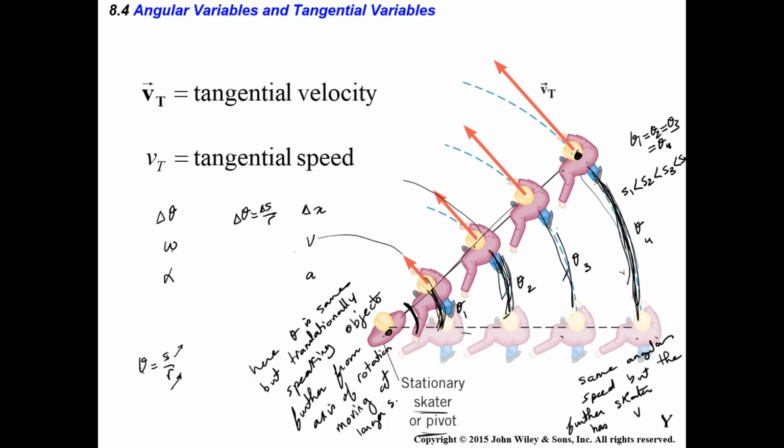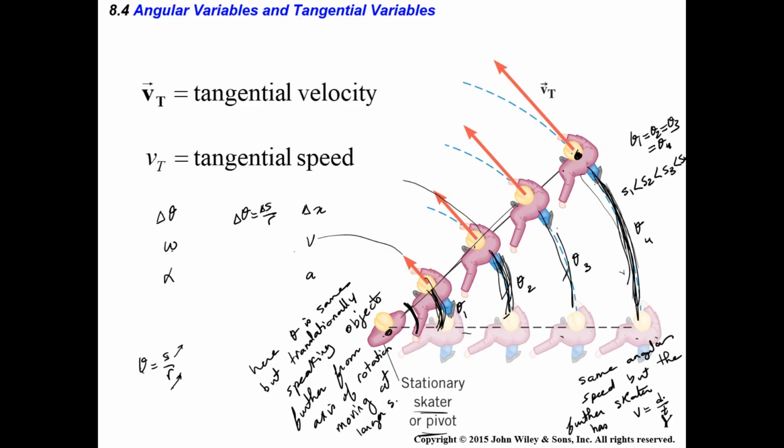Yes. So because the linear distance he is covering is larger, and they are moving together, the duration is the same. So within the same time he has to go over a further distance. And we know that V is equal to D over T. So if the first skater is moving a larger distance within the same time, their speed is going to be larger or less or the same as the rest of the skaters?